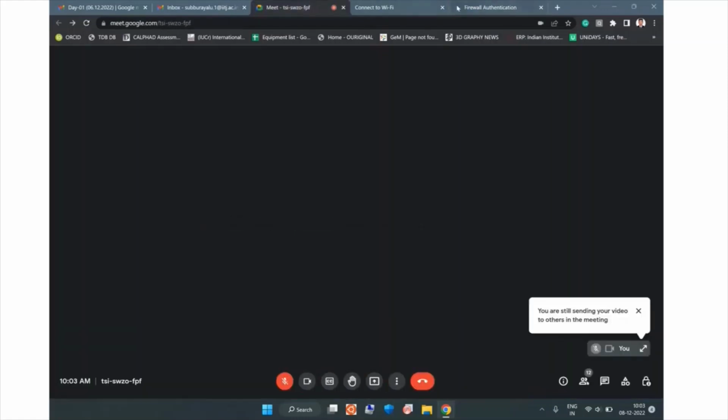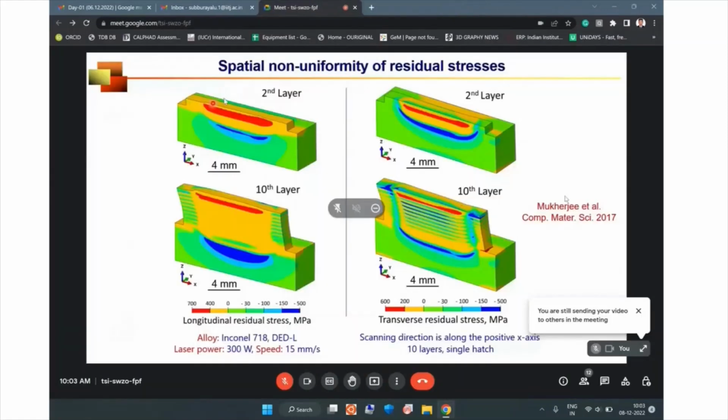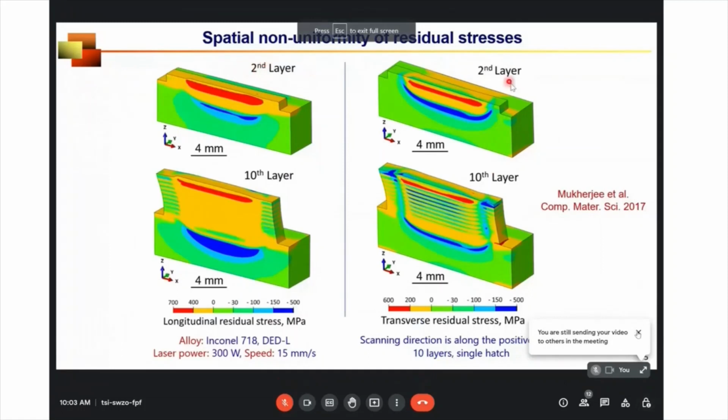Now, at the two observations. First, you can see that when the second layer is finished, there is a high residual stress accumulated near the top of the deposit. But when we deposit the third layer, this residual stress is partially alleviated because of the reheating and recooling.